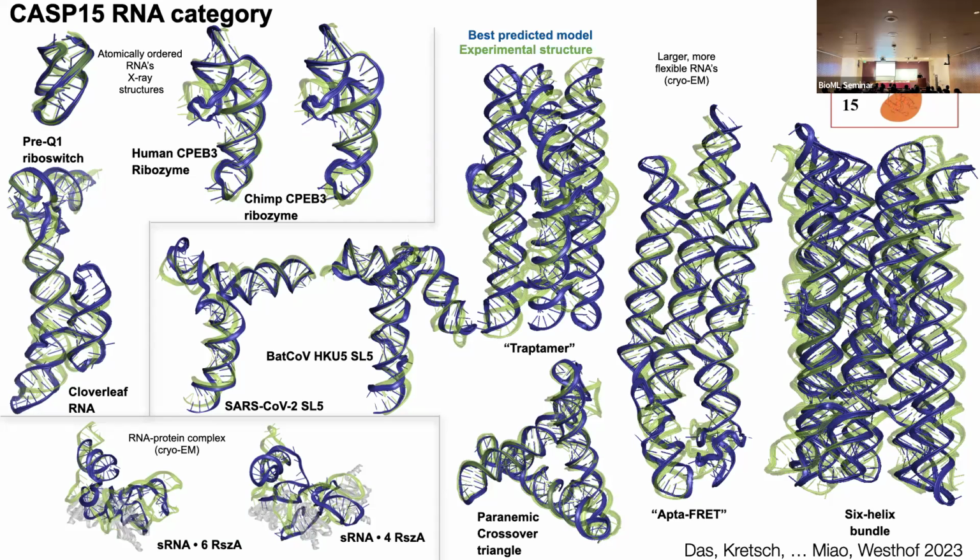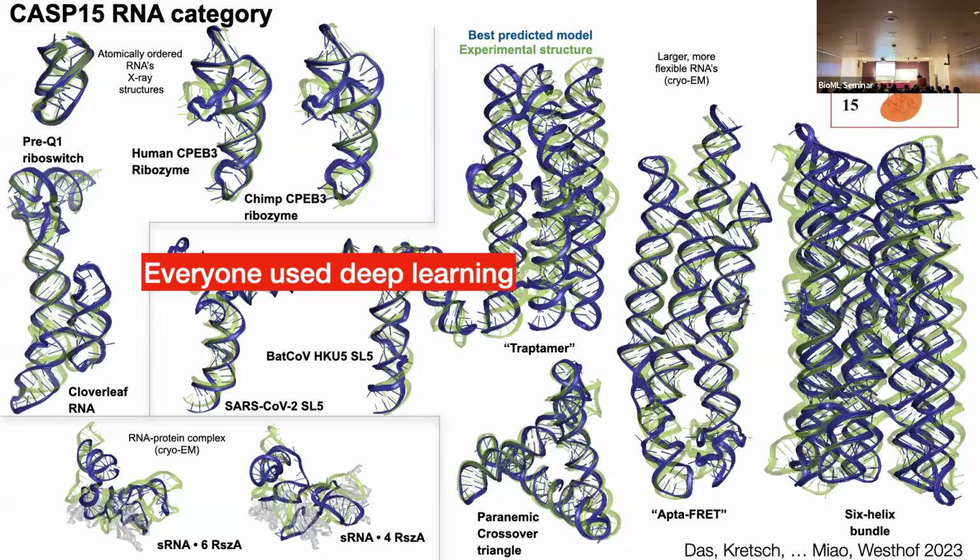And so these were quite remarkable and suggested that there was progress being made in the last CASP. And we, like everyone else, assumed that what had happened was someone had developed an AlphaFold clone for RNA, or maybe something better, and had developed all these methods. But when the predictors were de-anonymized for the CASP conference, we were surprised to see in the abstracts that nearly everyone actually did use deep learning to create their models.